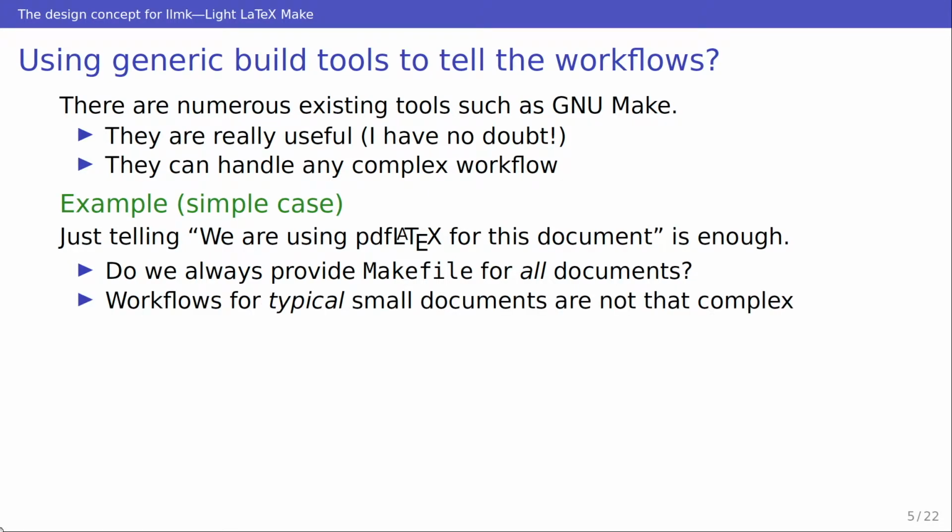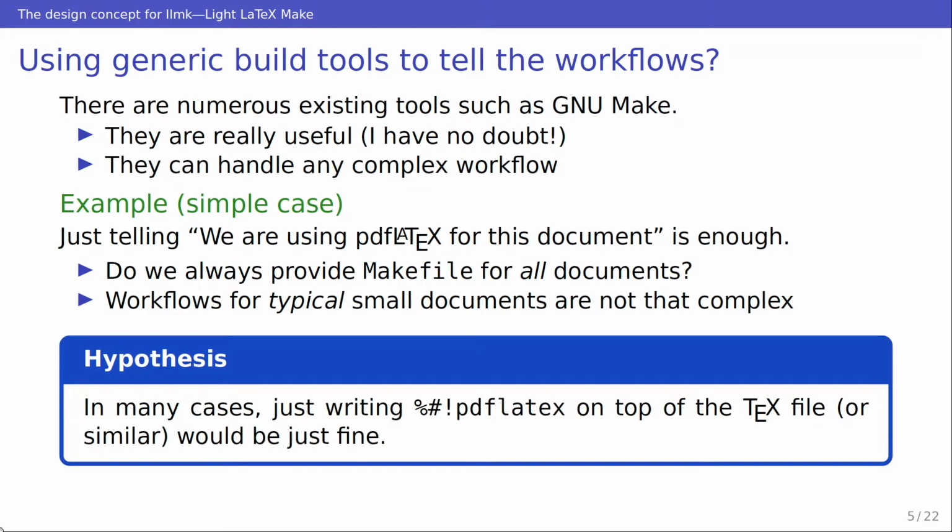And I suppose that workflows for typical small documents are not that complex, so using such a generic build tool is sort of overkill. So my hypothesis is that in many cases, just writing "we use pdfLaTeX" on top of the text file or similar would be just fine.